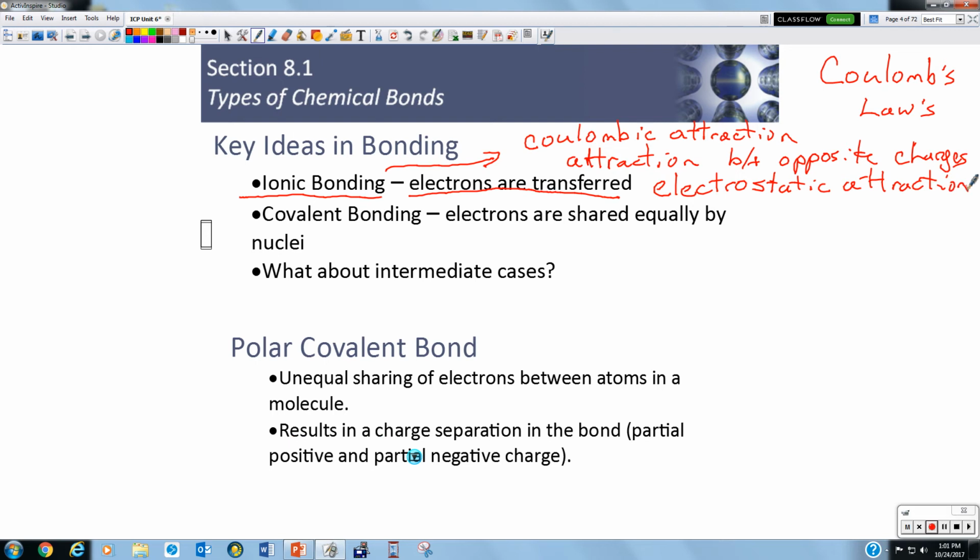So when you're describing these types of reactions, words to use in your descriptions are electrostatic or Coulombic attraction. I'll have to check how Coulombic is spelled, it might be C-U-O or C-O-U.